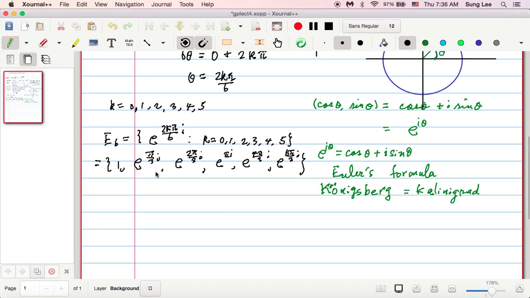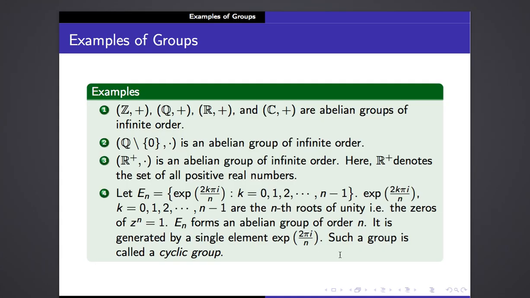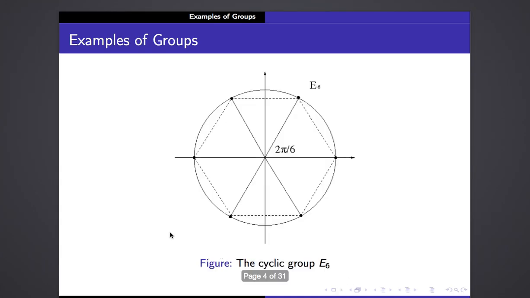Pi thirds, that's 60 degrees, right? So that's where your radial component is located, at the angle. Pi thirds is 60 degrees, and so on and so forth. So let's go to my slides. In fact, we get this beautiful picture. The first one, that's 1, right?